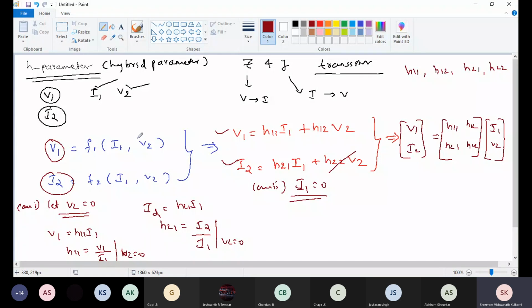For calculating the hybrid parameters, I make the independent variables I1 and V2 equal to 0. For case 1, I made V2 equal to 0 and calculated H11 and H21. For case 2, I make I1 equal to 0. Then I write H12, that is V1 by V2, where I1 is 0, and H22, I2 divided by V2, where I1 equals 0.